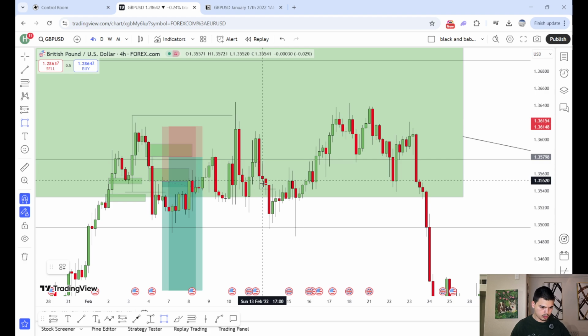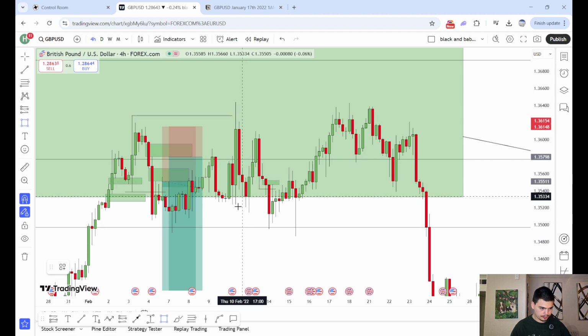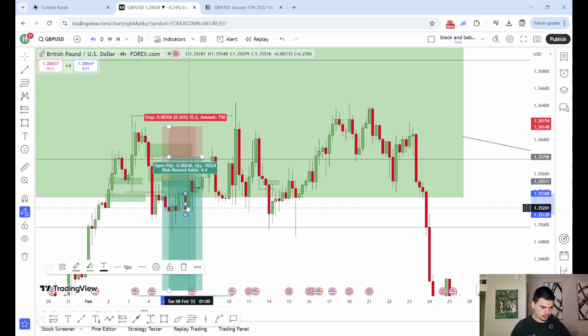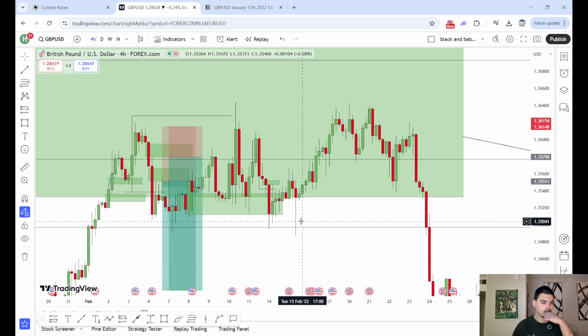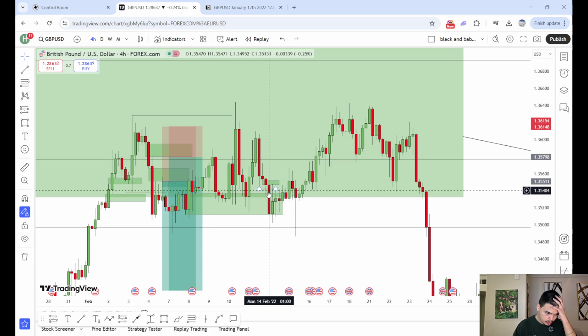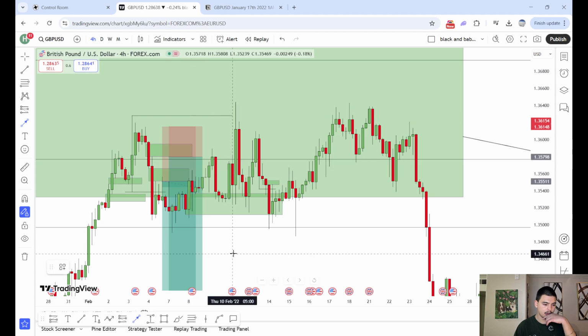I'm going to mark a market structure shift bearish, but it didn't close below that. So I'm actually not going to consider it because it came close to closing below it, but it didn't. Okay, let's build our intuition for future reference.